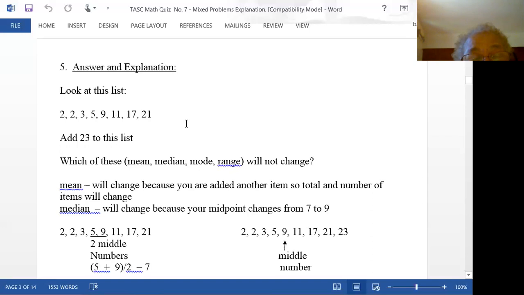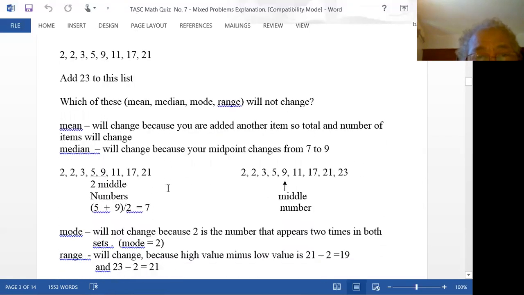All right, there are 8 items. So we add them all up and divide by the number of items, which is 8. Now, if we're adding 23 to this list, this will change because now we have 9 items and we have a different total and a divisor of 9. So the mean will change.